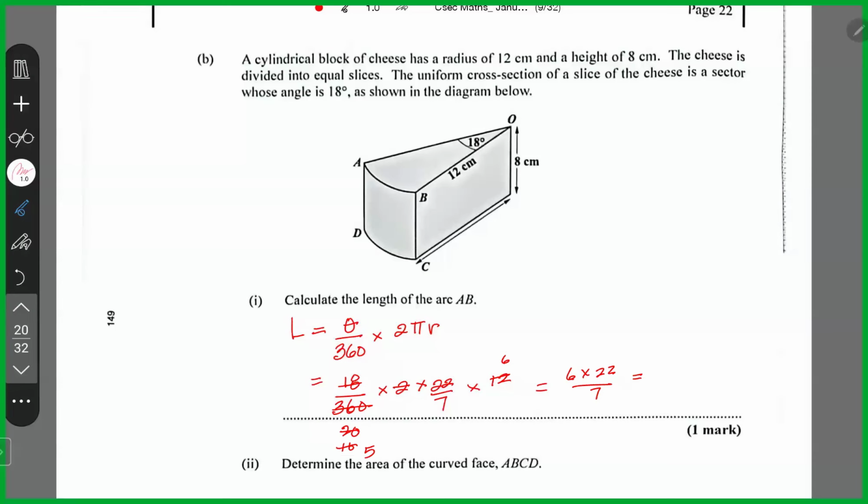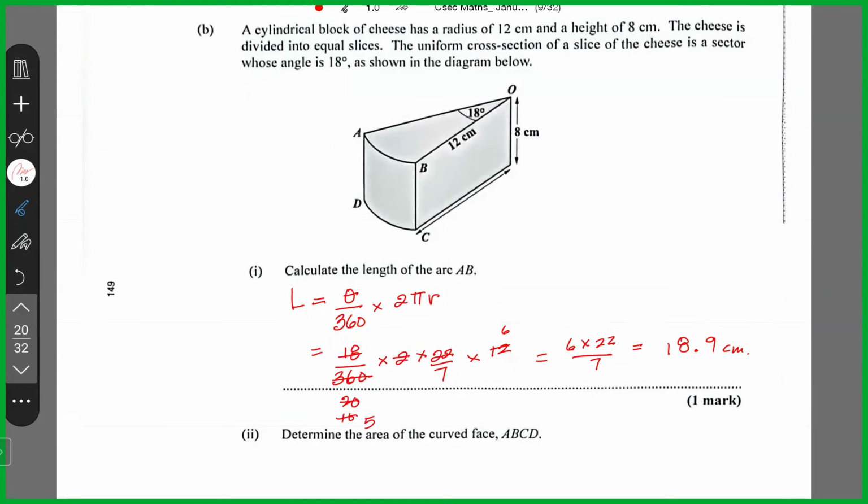And this is, it looks like 18.9 centimeters. I could be wrong. Let me just double check. Theta over 360 times 2 pi r. And we're to calculate AB.